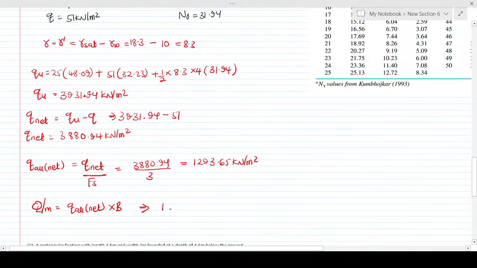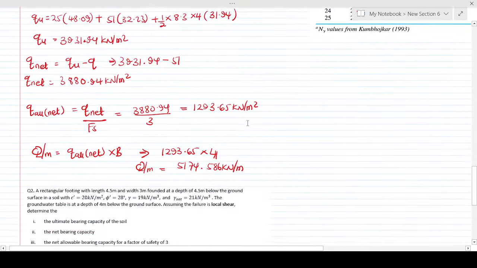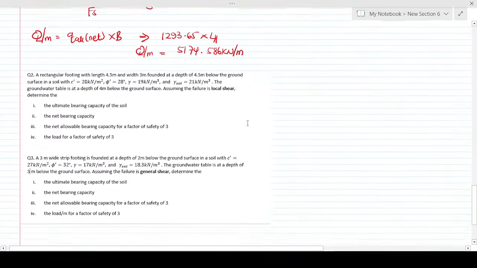So we have 1293.65 times the width, which is 4. So the load per meter is going to give us 5174.586 kilonewton per meter.